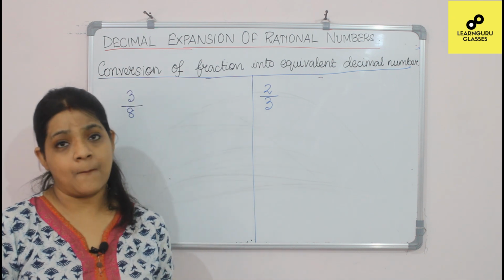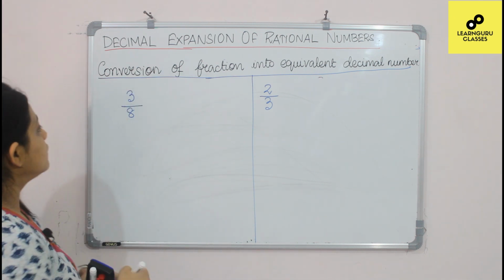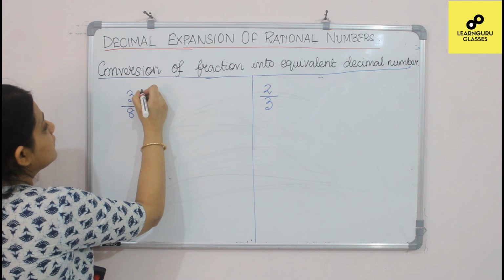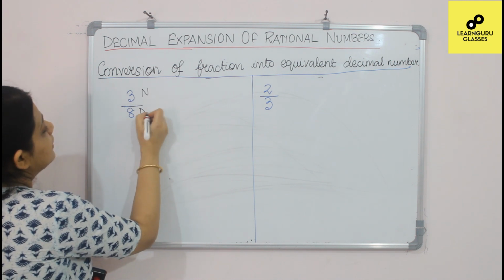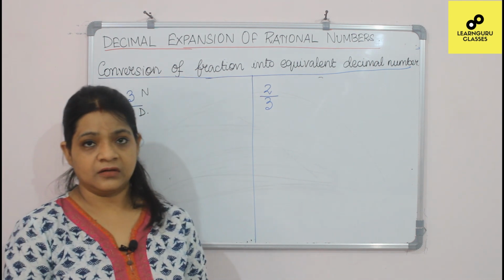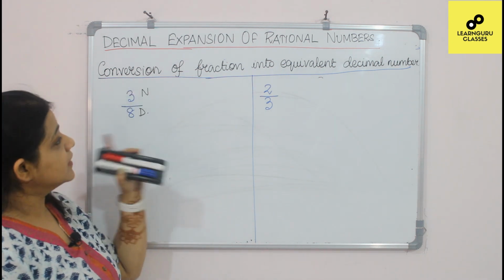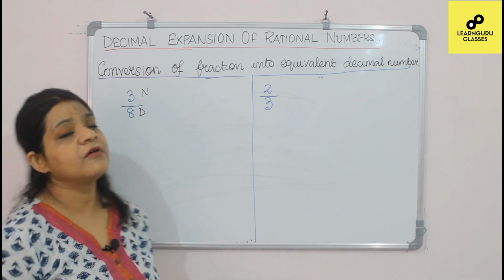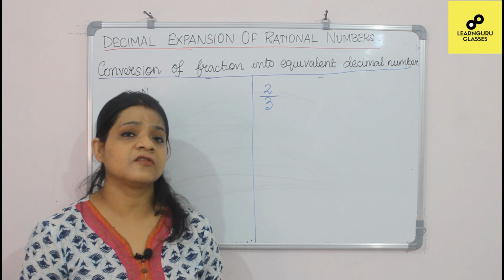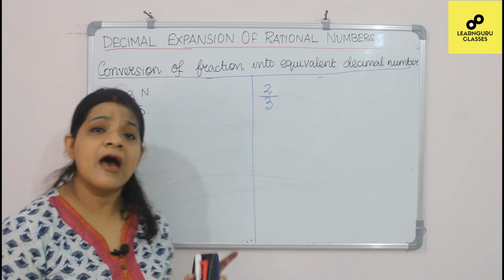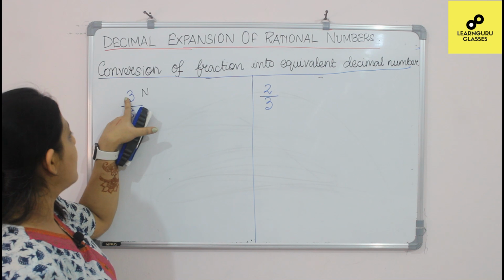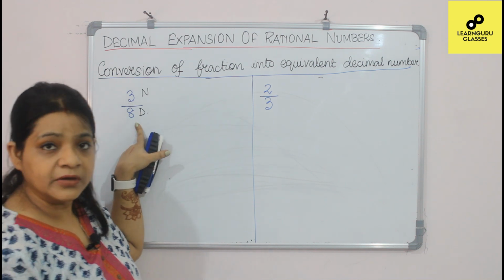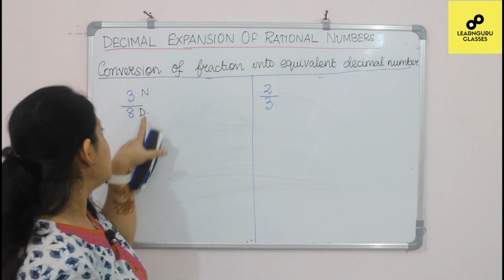In the first, 3 is the numerator and 8 is the denominator. The first step for conversion of a fraction into its equivalent decimal expansion is to divide the numerator by the denominator, that is 3 by 8.